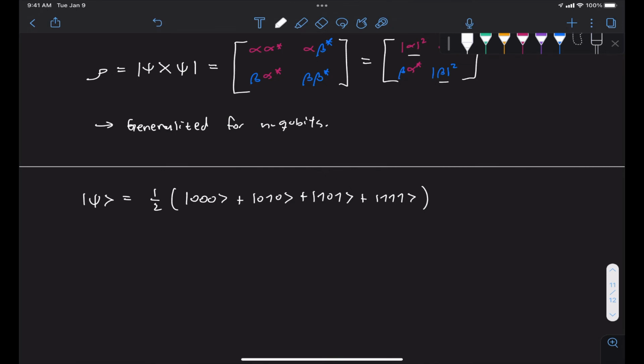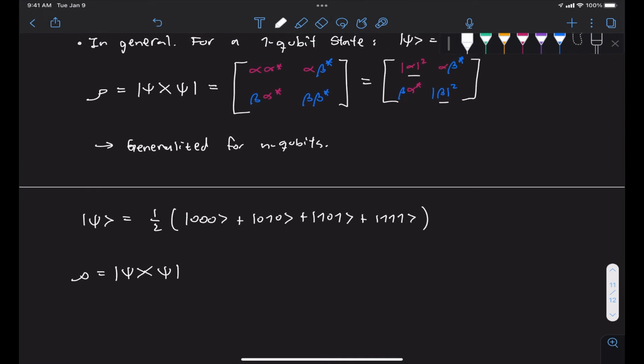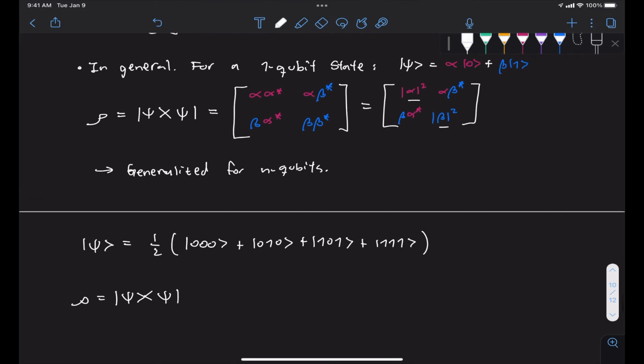If we wanted to find the density matrix for this state, we would have to perform the ket-bra outer product of our state to find every component of this matrix. But an important thing that we just learned from this general case for 1 qubit is that the diagonals of the matrix correspond to the probability of measuring each of the states.